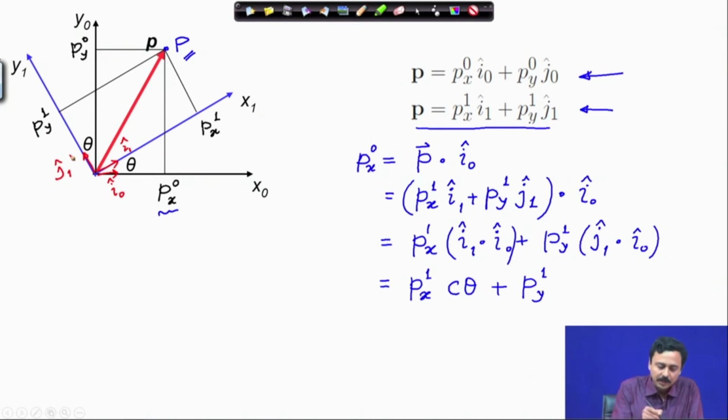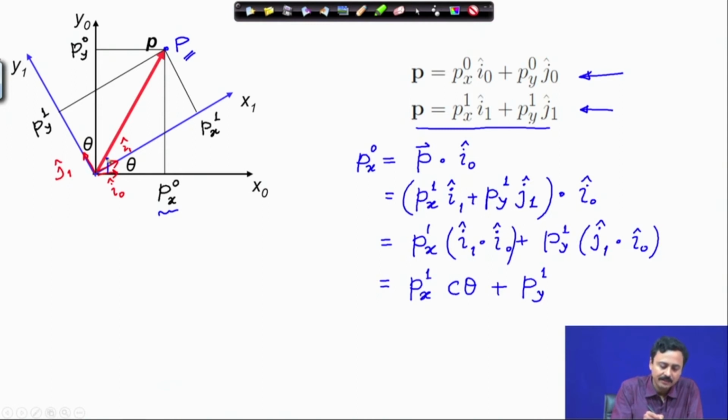Now, this unit vector j1 cap I have drawn here, dot i0 cap, must be the cosine of the angle between i0 cap and j1 cap. That angle is 90 plus theta, as you can see.